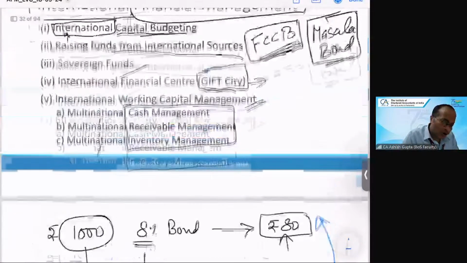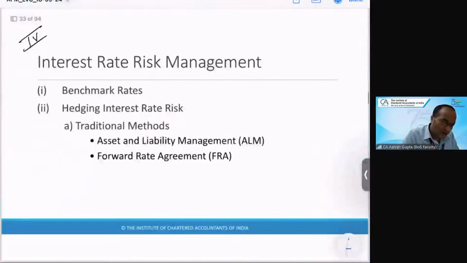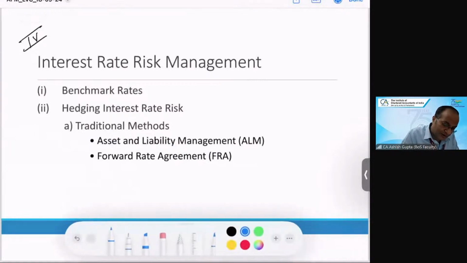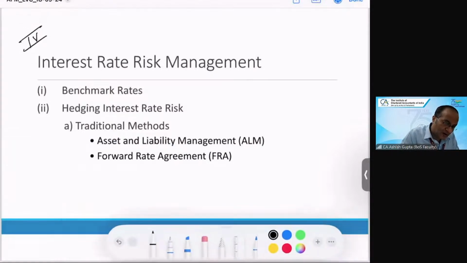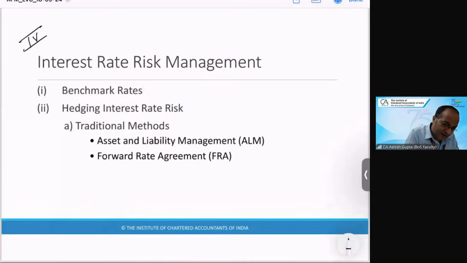So all has been covered here in this topic, how we consider hedging the interest rate risk. Similarly, here basically we should cover what now. First is the benchmark rate.